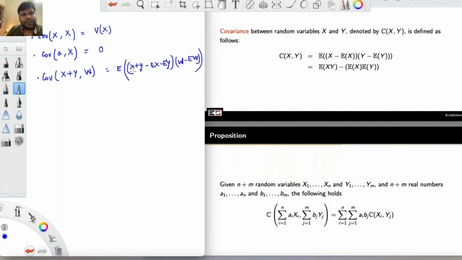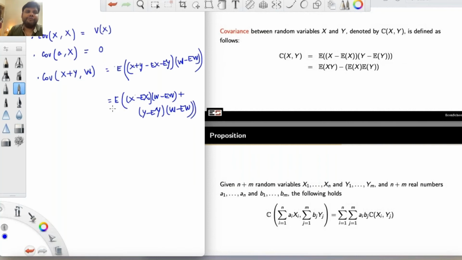Now you can break it: X minus EX plus Y minus EY, and then use the distributive property. You'll get X minus EX times W minus EW, plus Y minus EY times W minus EW. I can write it like this, yes or no?